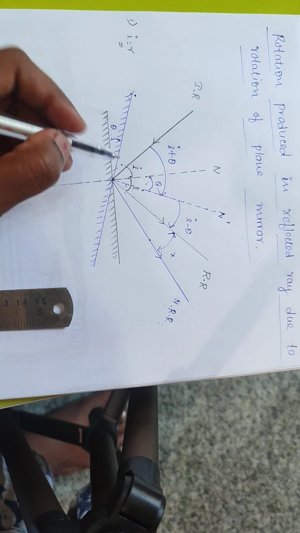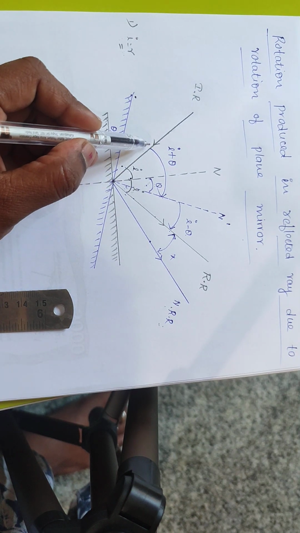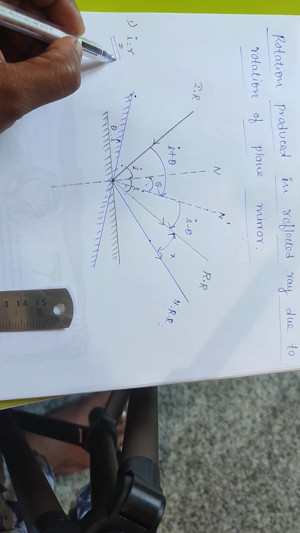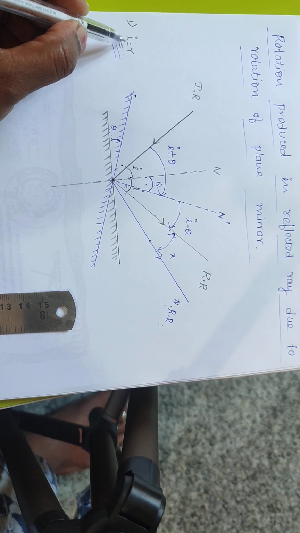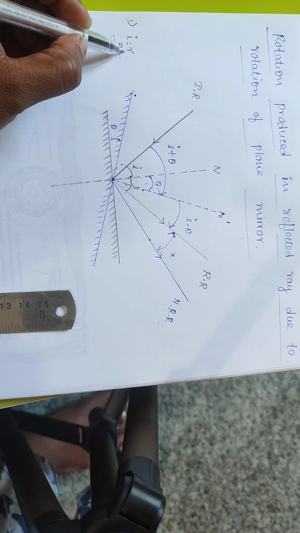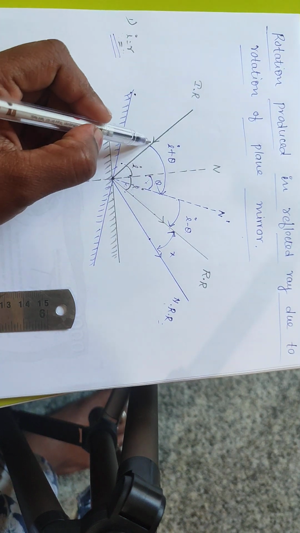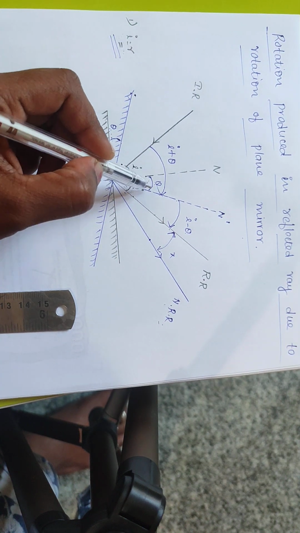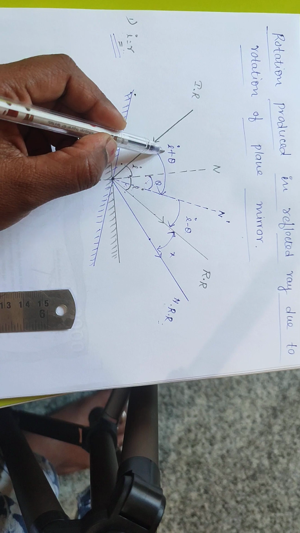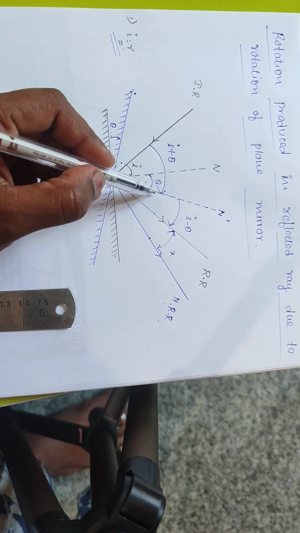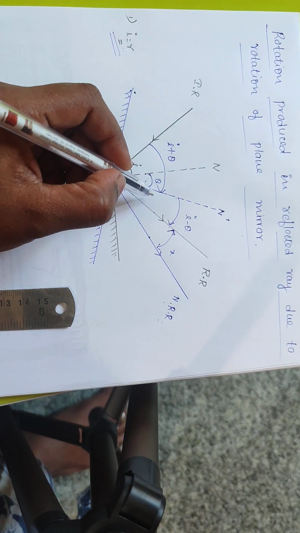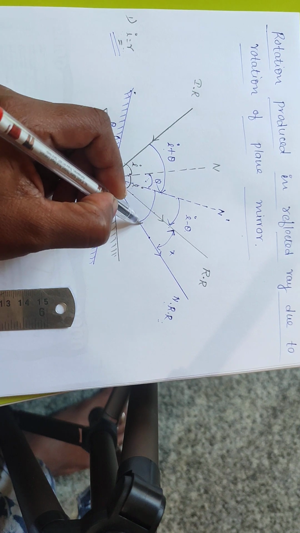Now see here, we know that the first law of reflection says that angle of incidence is equal to angle of reflection. So here, the angle between the incident ray and the normal is I plus theta. Then from here to here will also be I plus theta.